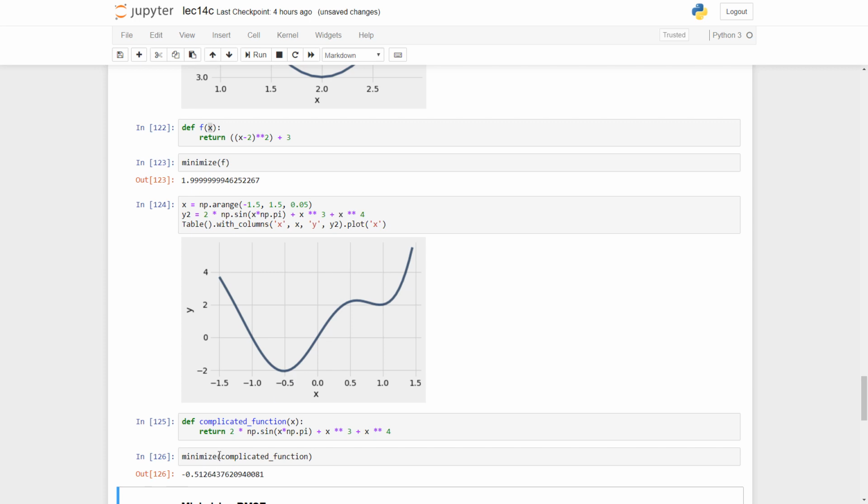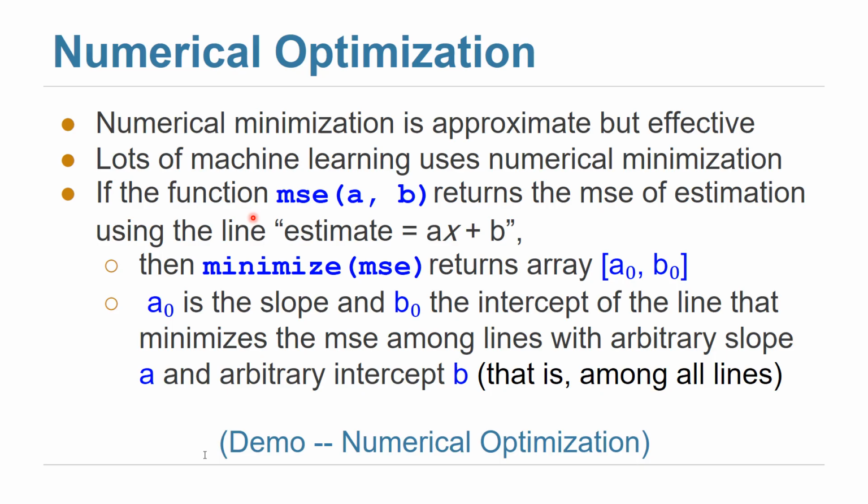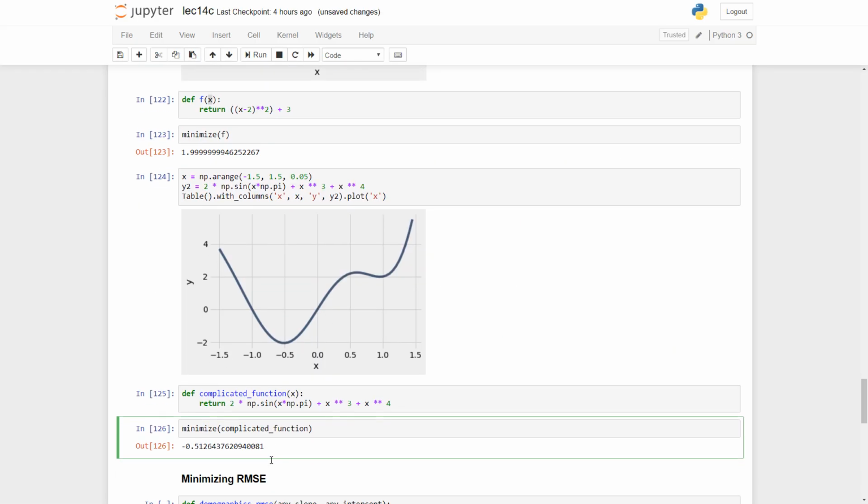Okay, so you saw that the minimize function will not always give us the exact value, because as we saw in the slide, this is an approximation. Okay, so numerical optimization is always an approximation. So the approximation of the minimum value is minus 0.1264 and so on, which is, of course, as you see, not very far from the actual value.